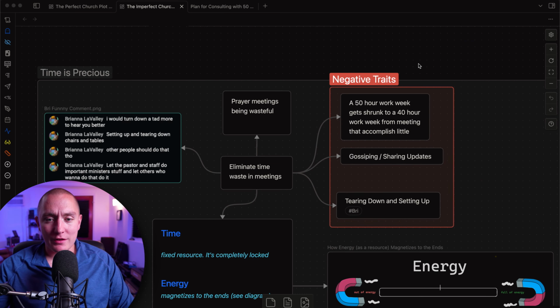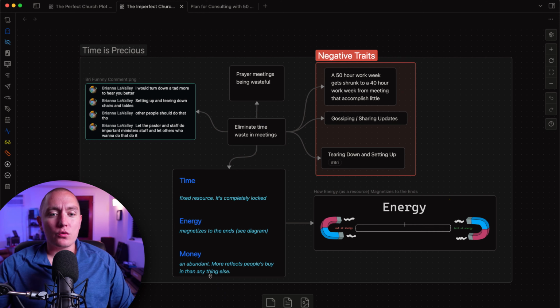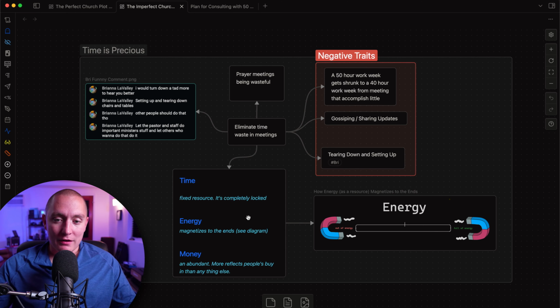And then finally, we looked at this idea of time is precious and resources. When you look at the resources, time is unique in that it is a fixed resource. Energy and money each have kind of unique things going for them that make them much more flexible. Time, you just can't get more of it. You cannot buy time. It evaporates at a fixed rate. So we talked about how a lot of small churches get in this place where they are locked into their unhealth. Why? Because they're wasting their time.